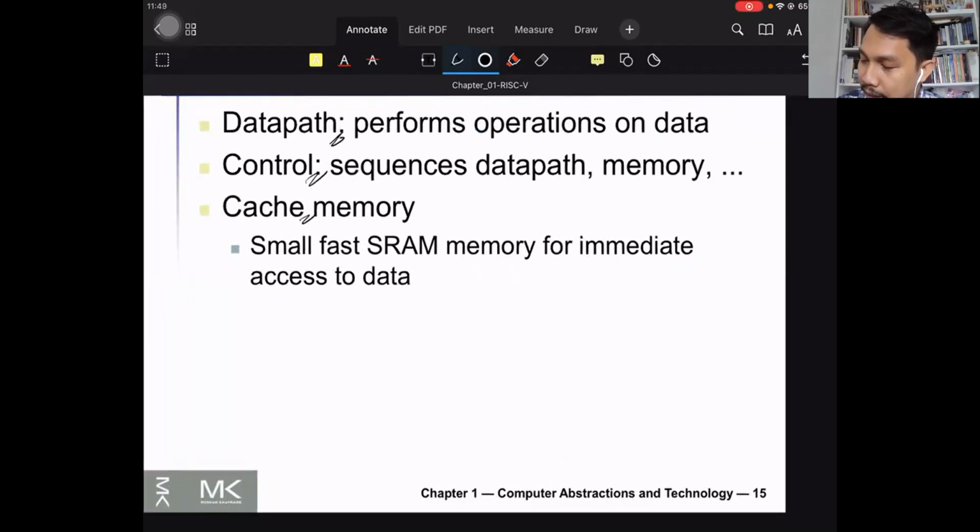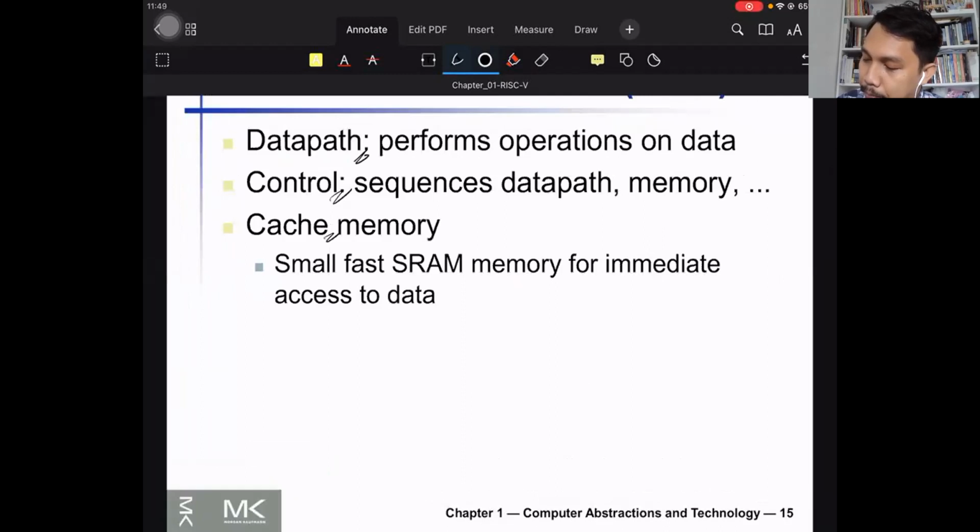When you say memory, the highest rank, I guess, is secondary memory: hard drive, solid state, USB, CD, DVD.